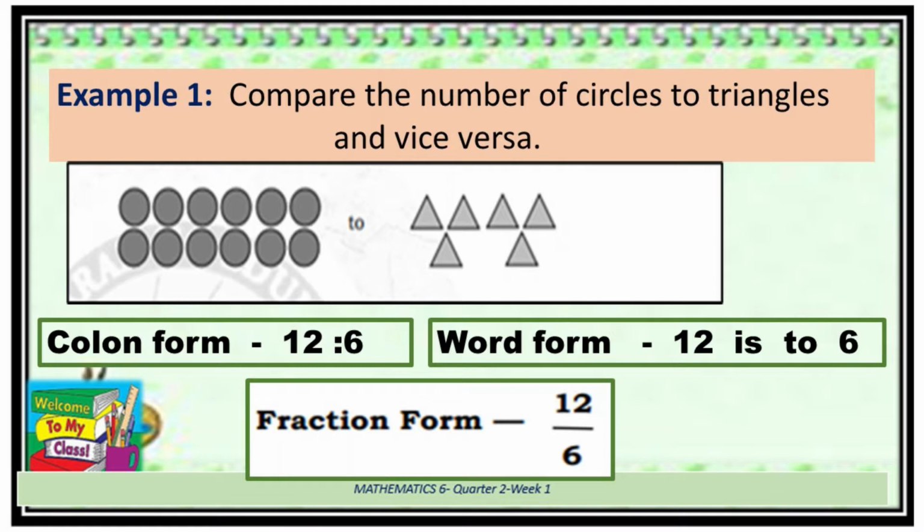Another way of writing this ratio is word form. Ratios can also be interpreted as fraction form. Even if the ratio is in fraction form, you will still say 12:6.